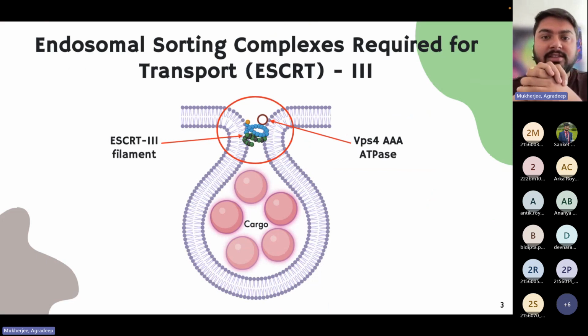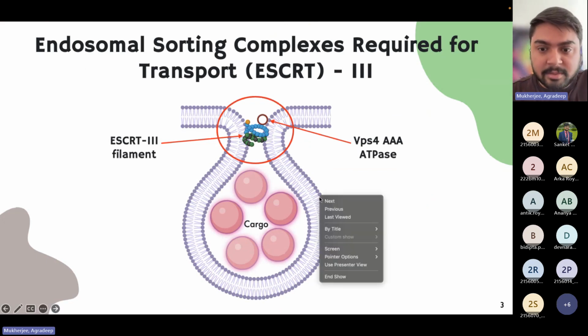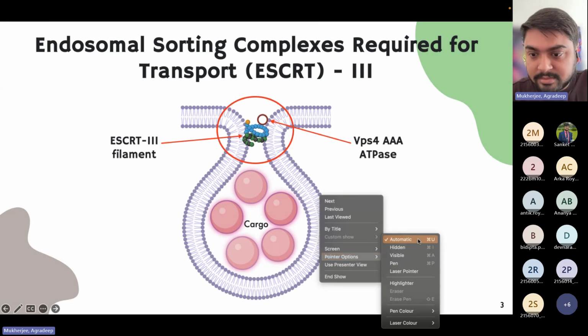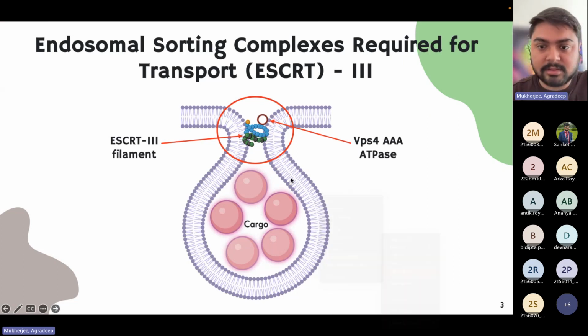So what are ESCRT-3s? Wait, let me enable my pointer. Whenever there's a membrane remodeling event, there's this classical omega shape formation.